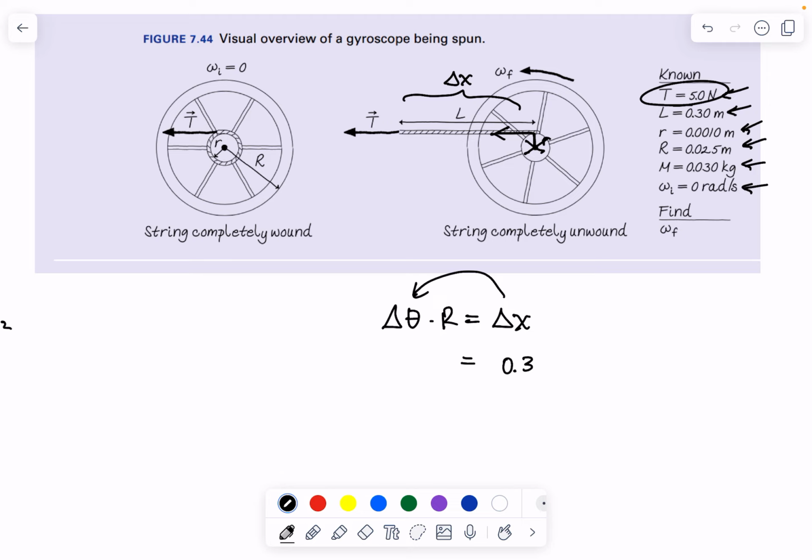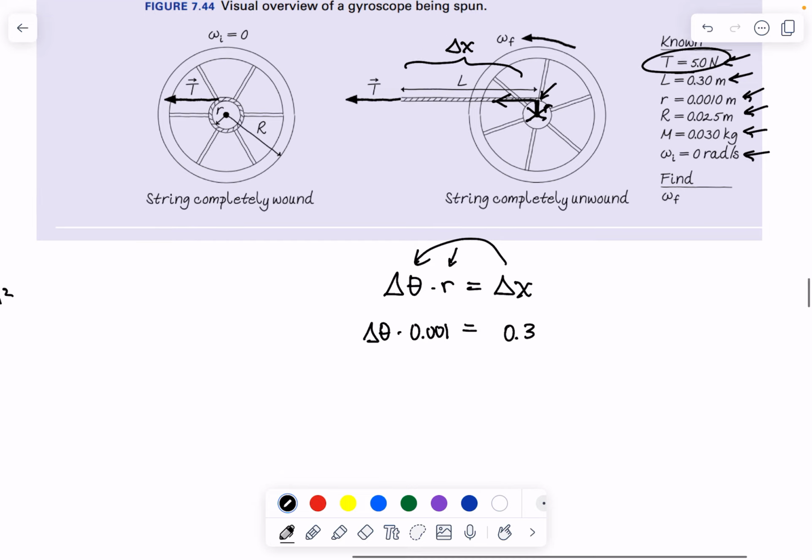The question is, do we use capital R or lowercase r? I know I wrote capital R. I was being a little careless, but which one do we actually use? Well, we use the one at which point the rope is actually acting on the system. It's acting at this distance, lowercase r. So I would want to use that lowercase r right there. So that would be the 0.001, and then times delta theta.